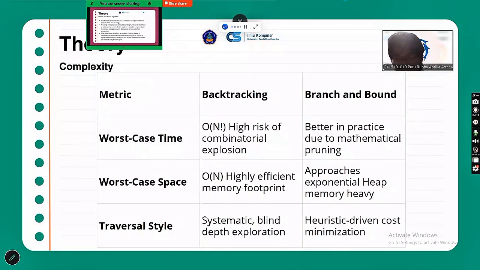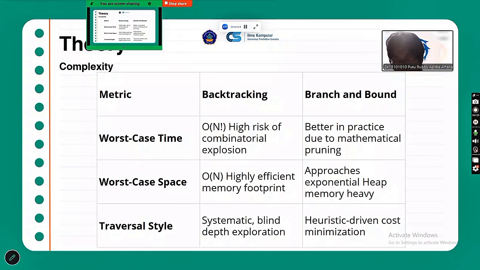And then this is the complexity of backtracking and branch and bound. For the worst-case time, backtracking is O(n!), so there is a high risk of combinatorial explosion. For branch and bound, the worst-case time is better in practice due to mathematical pruning.